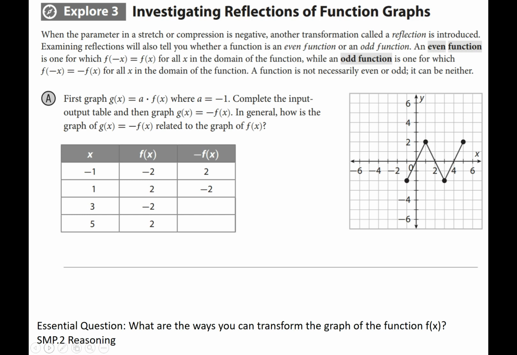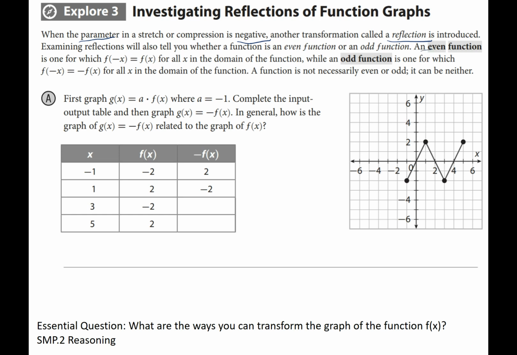Okay, last explore, and then we'll get you going on some assignments. When the parameter in a stretch or compression is negative, another transformation called a reflection is introduced. Examining reflections will also tell you whether the function is even or odd.